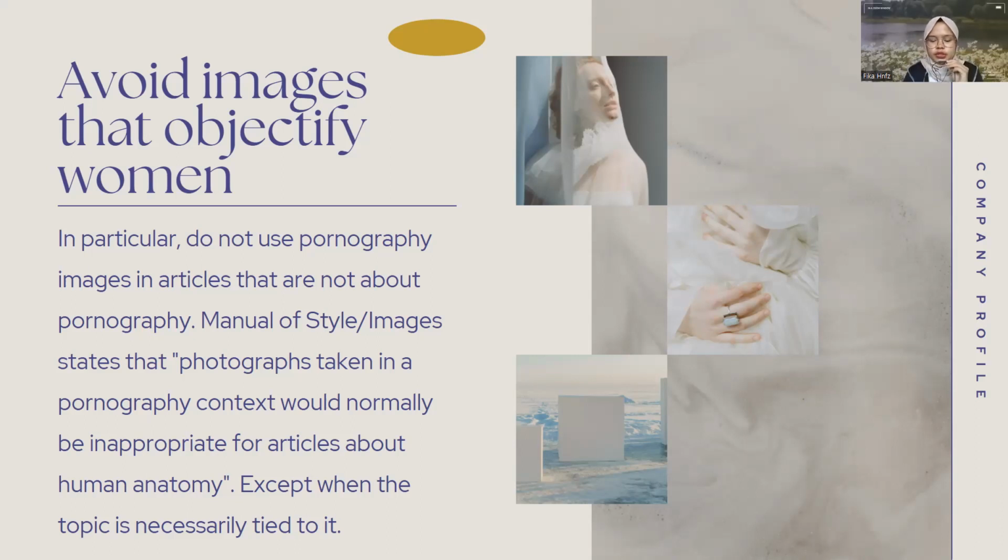So you should know how to use images properly, whether the topic is about pornography or not. If you talk about human anatomy, don't make it lead into pornography. So you should be careful about the choosing of your image, and also the choosing of your topic.